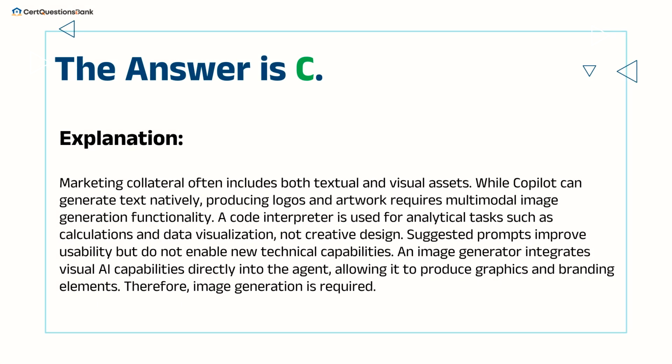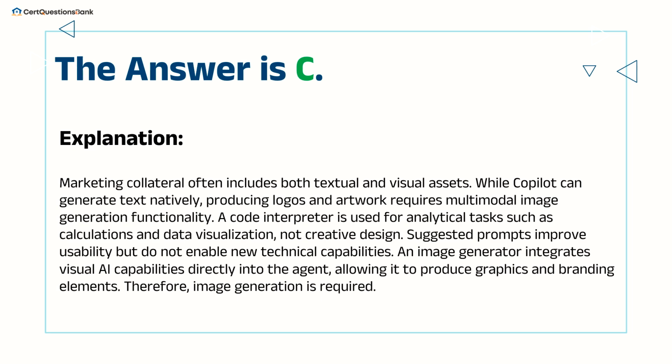Marketing collateral often includes both textual and visual assets. While Copilot can generate text natively, producing logos and artwork requires multimodal image generation functionality. A code interpreter is used for analytical tasks such as calculations and data visualization, not creative design.